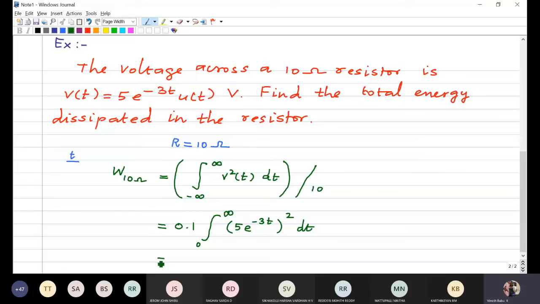So in the next step, 0.1 times the integral from 0 to infinity. If you square this, you will get 25, and if you square e power minus 3t, you will get e power minus 6t dt. Okay. Is this clear up to this?